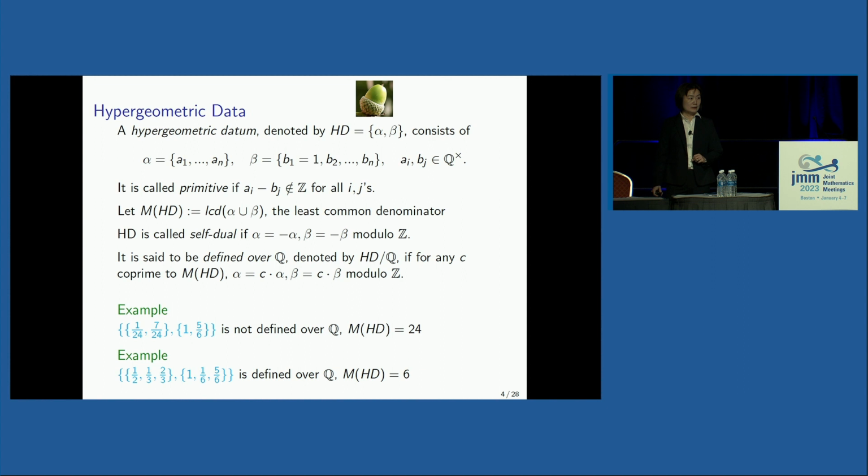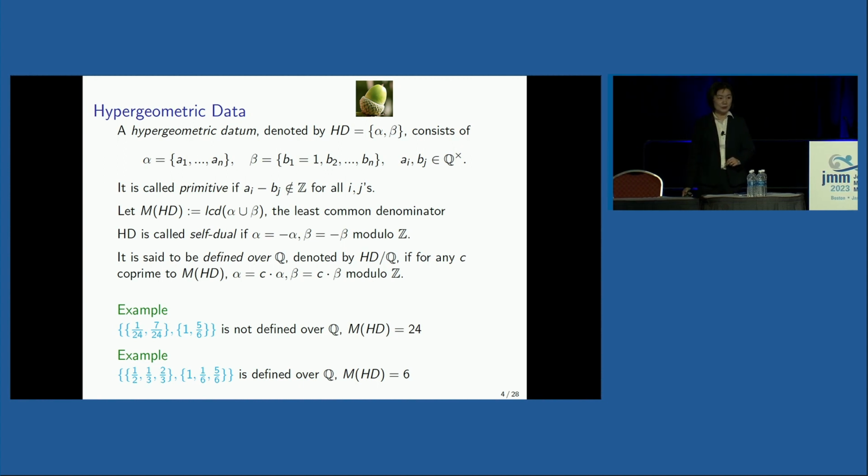The second example, of length 3, is however defined over Q, because alpha consists of 1/2, 1/3, and the other conjugate of 1/3, which is 2/3. For the same reason, beta is also defined over Q, consisting of 1, 1/6, and the only other conjugate, 5/6. The length is 3, the level is 6 for the second example.